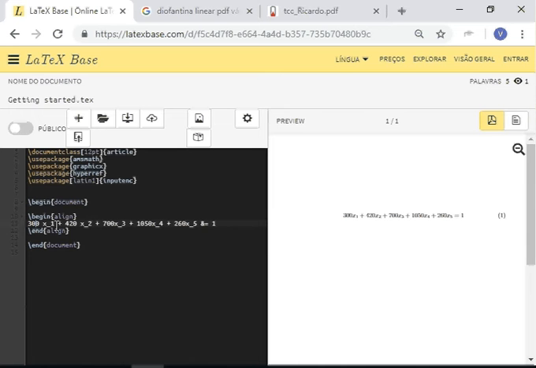300, 420, 700, 1050, 260. What this tells us: 10y equals 1.